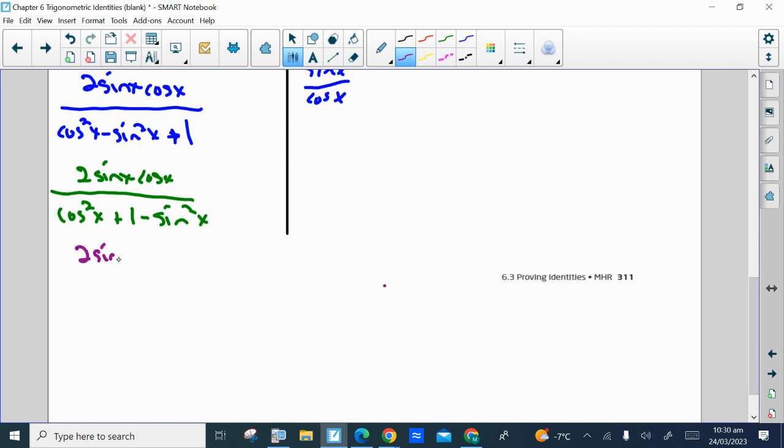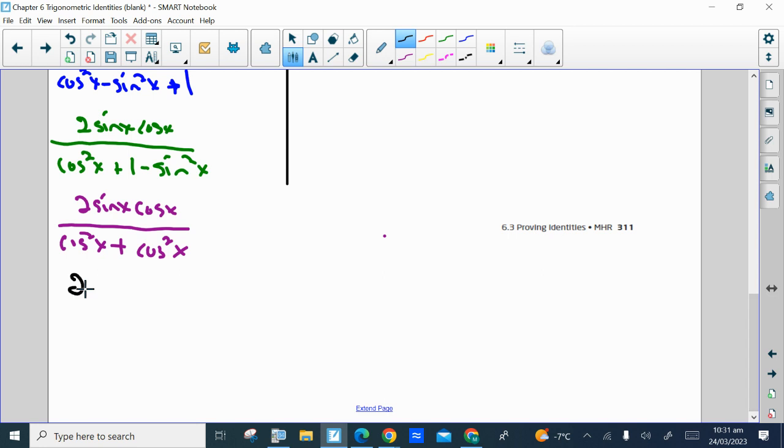So I have 2 sine x cos x over the first cos squared x plus, once again, 1 minus sine squared x is also cos squared x. And so now you can add those cos squared x together on the bottom. So you have 2 sine x cos x all over 2 cos squared x's.